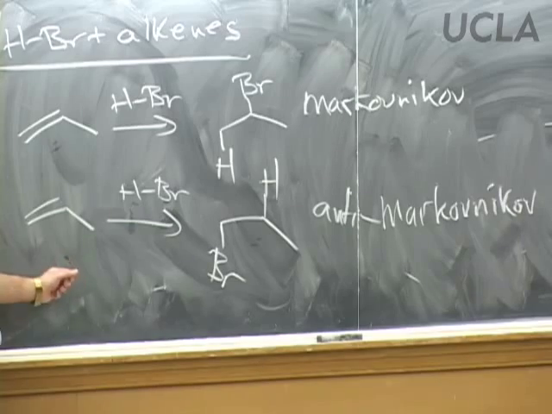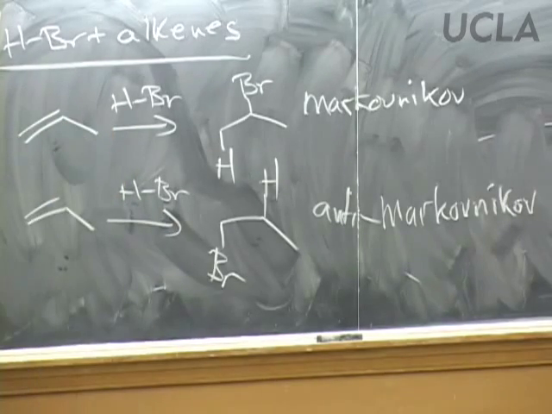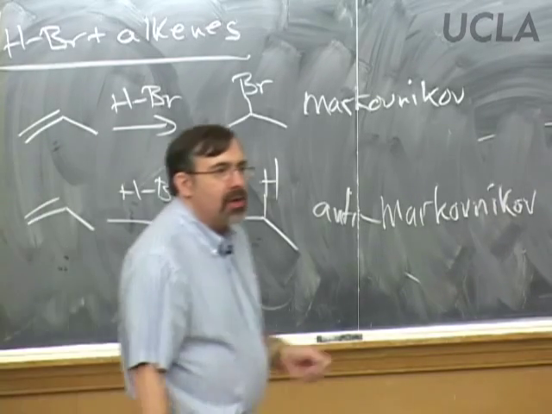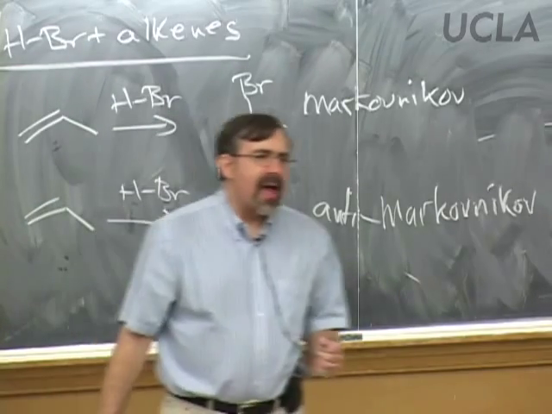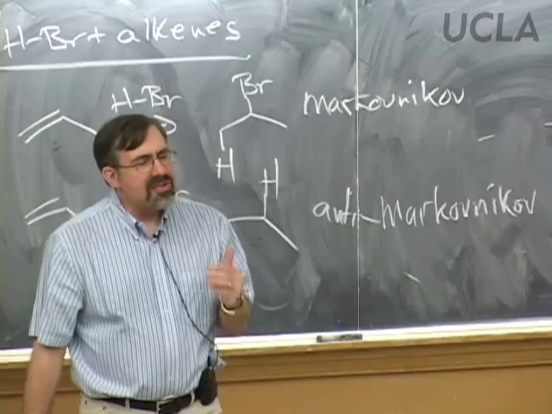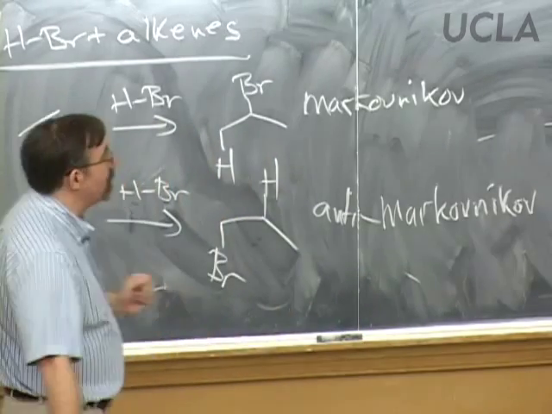People didn't understand. So in the 1930s, two guys named Kharasch and Mayo, I'm glad you mentioned mayo, because one of the guys' names happens to be Mayo. Kharasch and Mayo were studying this reaction, and they figured out what was going on. It was what they basically proved that was so important here.